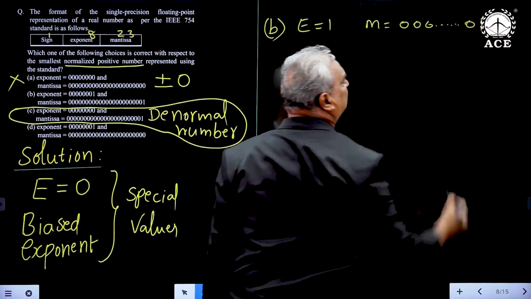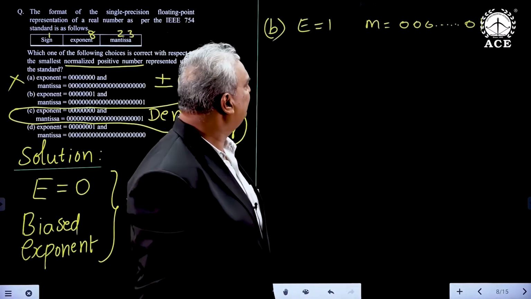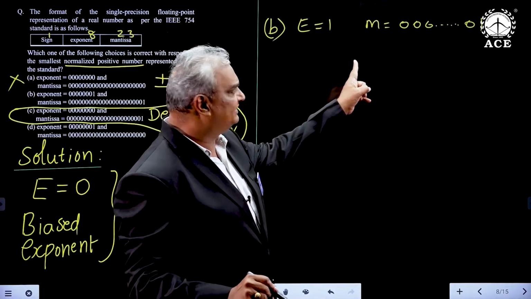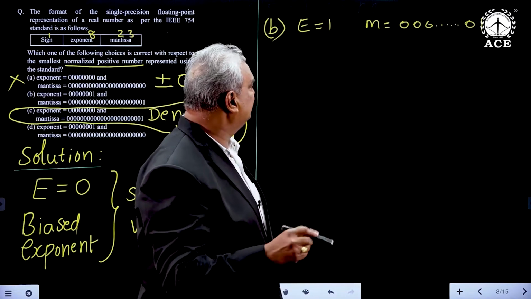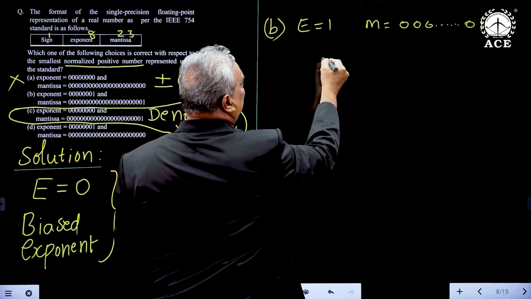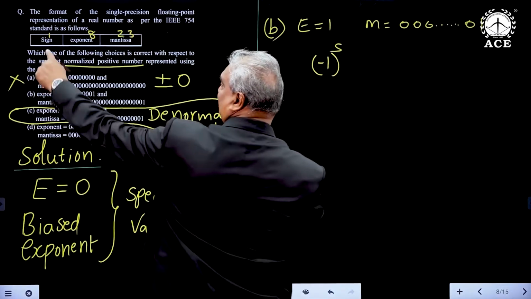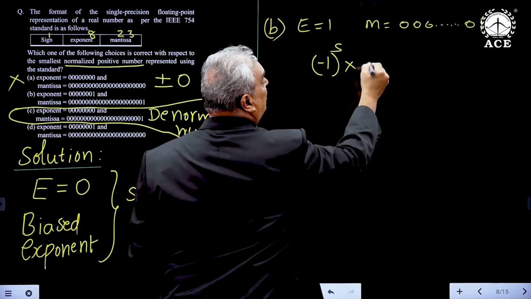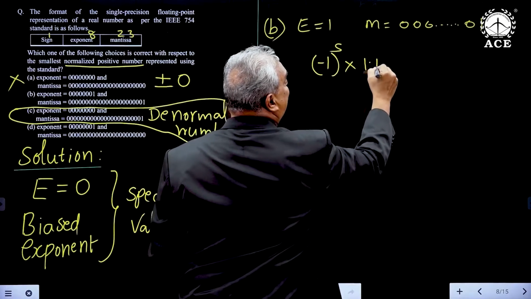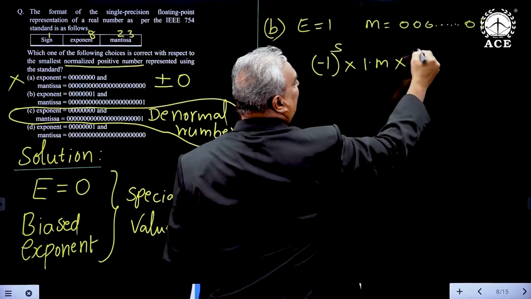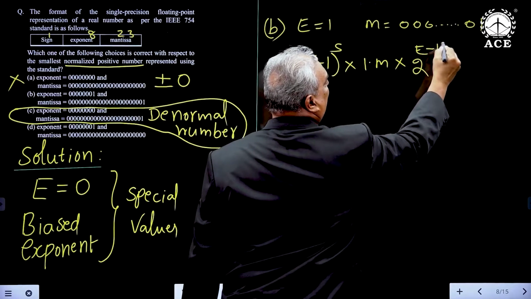Finally 1. To find the value, the expression is (-1) power S into 1.M into 2 power (E minus 127).